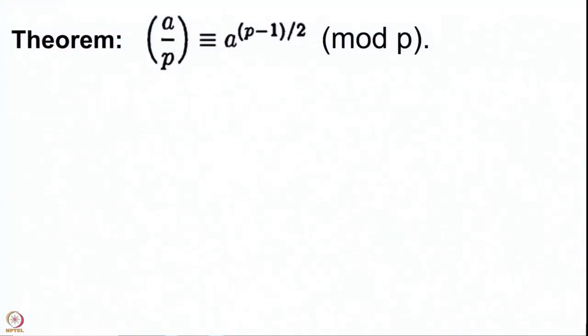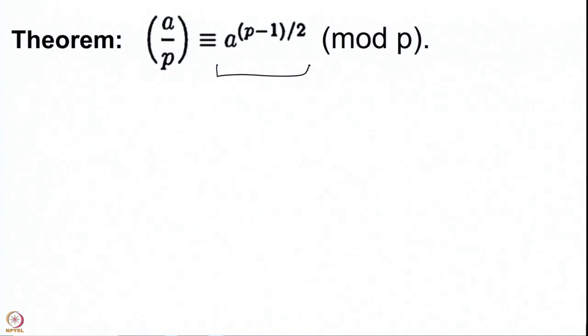So this is the way we have defined our Legendre symbol, but in the very last slide of the last lecture, we proved a very remarkable result, which we have here on our slide. It tells us that the Legendre symbol a by p can be computed simply by computing a particular power of a modulo p.